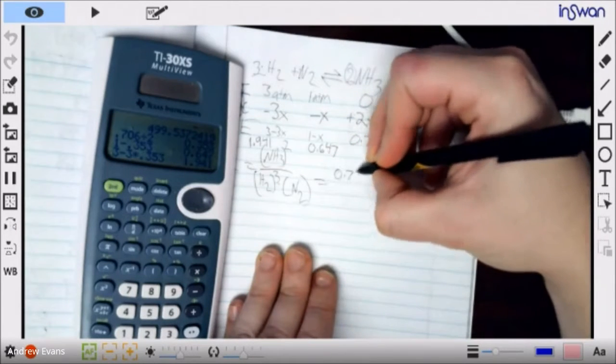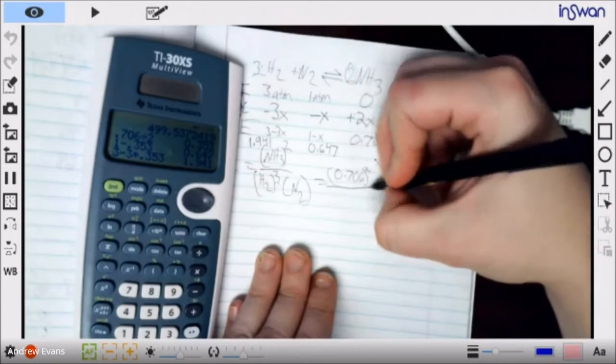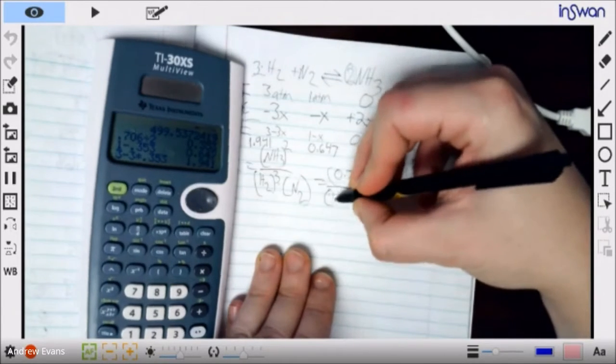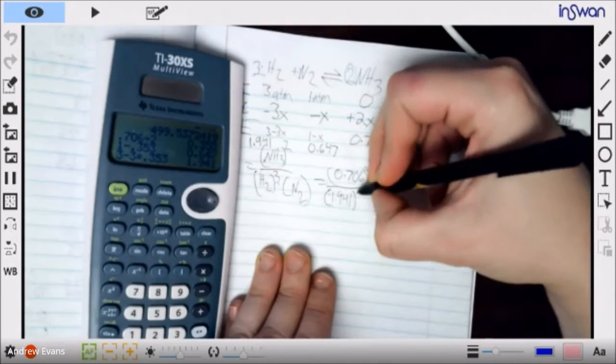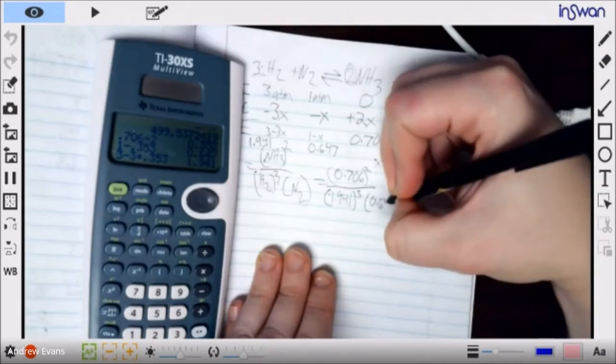Now it's just a matter of plugging everything in. 0.706 squared divided by 1.941 cubed, divided by 0.647 to the first power.